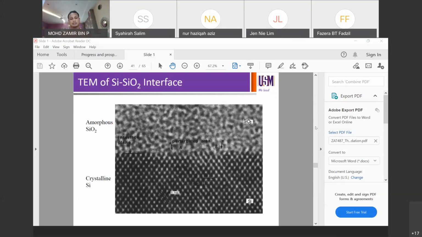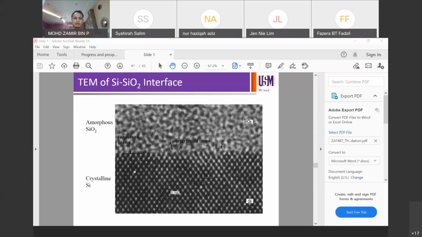So in this case, it's single crystal because there is no disruption in the lattice arrangement. So if you start seeing a change and another pattern emerges, it's called polycrystalline. So in this case, it's amorphous silicon dioxide on single crystal silicon.